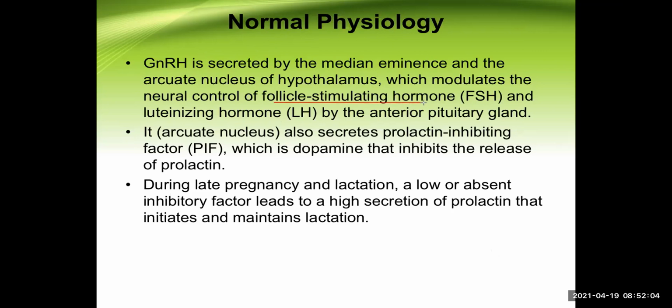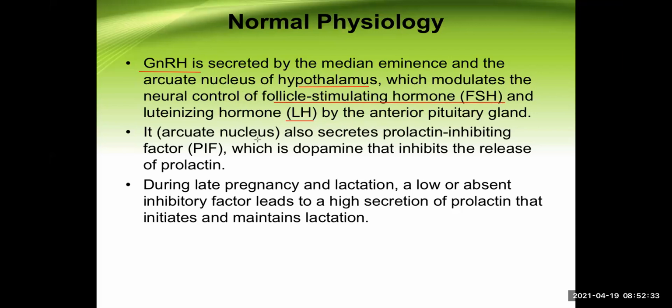FSH and LH are known as gonadotropins. So there is a hormone released by the hypothalamus which controls FSH and LH, and that is known as GnRH, gonadotropin releasing hormone. Very easy name. Gonadotropins are FSH and LH. If something is controlling the release of them, we call it gonadotropin releasing hormone, which is definitely secreted by the hypothalamus.